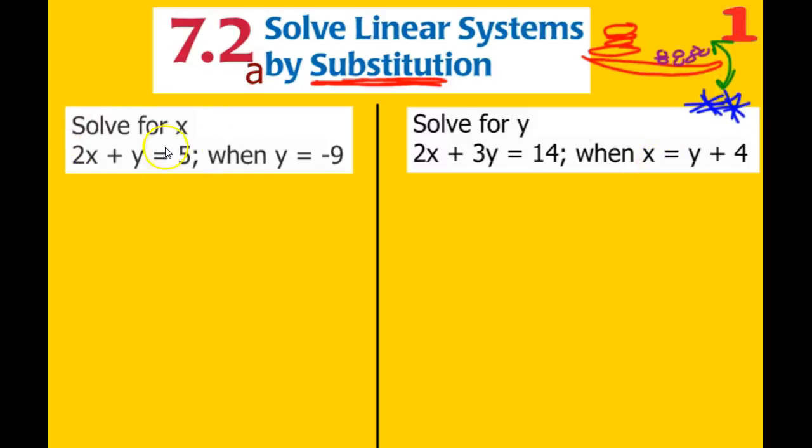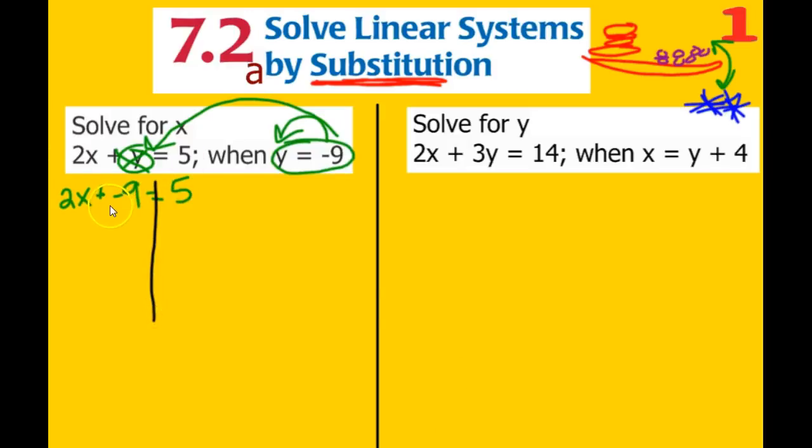So here, we need to solve this, and anytime you see the letter y, we're going to replace it with a -9. So here, instead of y, I'm going to take out the y entirely, it's gone, and plug in a -9 in its place. So we're going to solve this just like we would a regular equation.